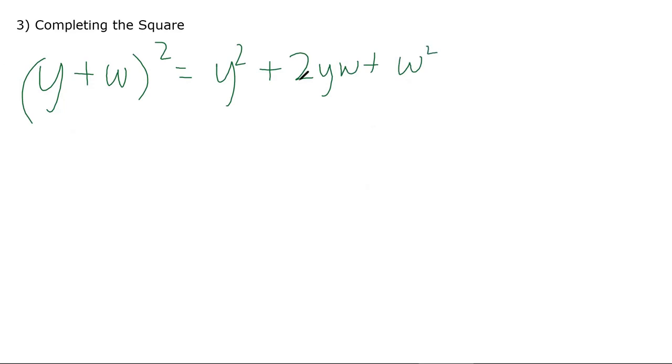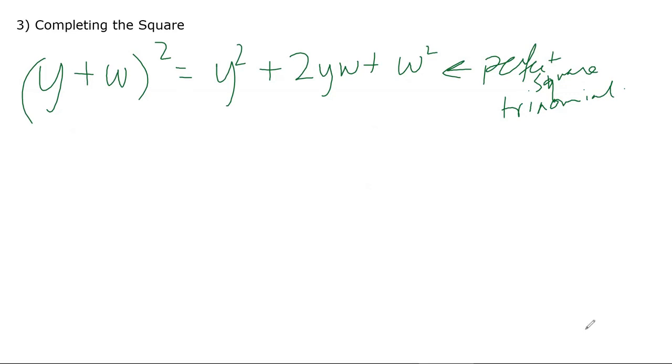This is kind of like the overall formula for what the perfect square trinomial is. The generic formula is actually a plus b squared is equal to a squared plus 2ab plus b squared.